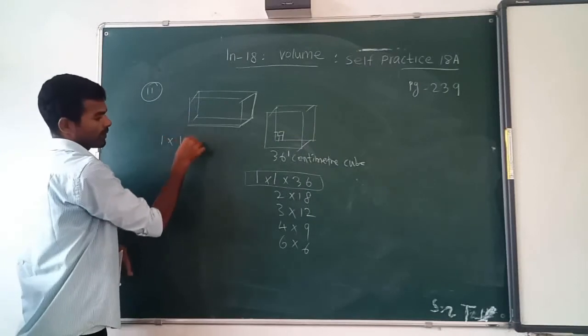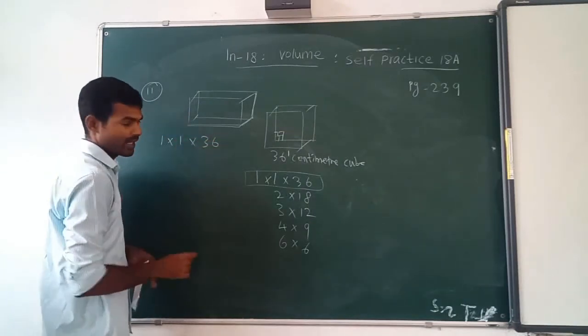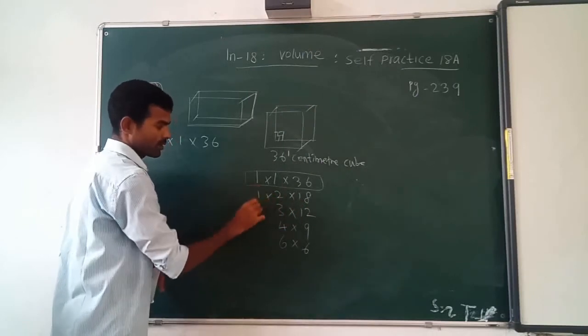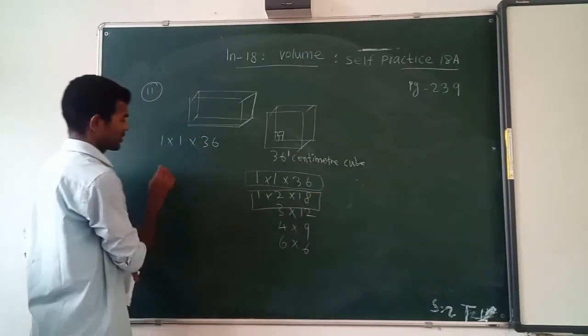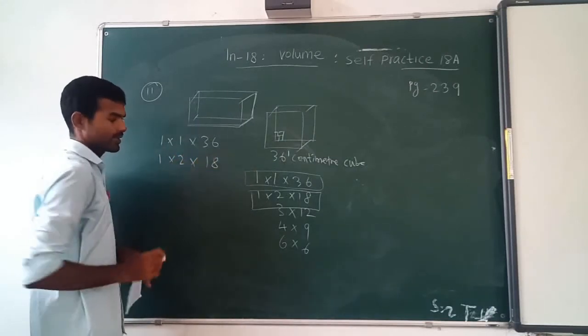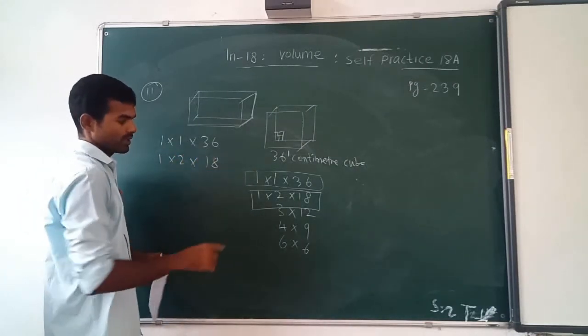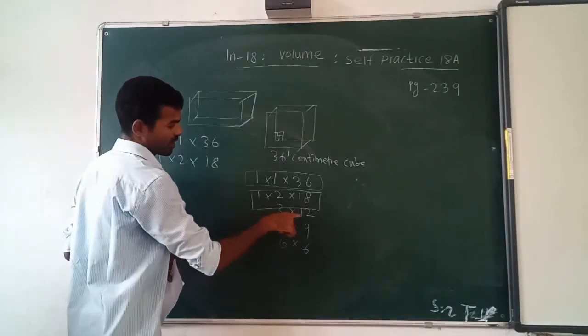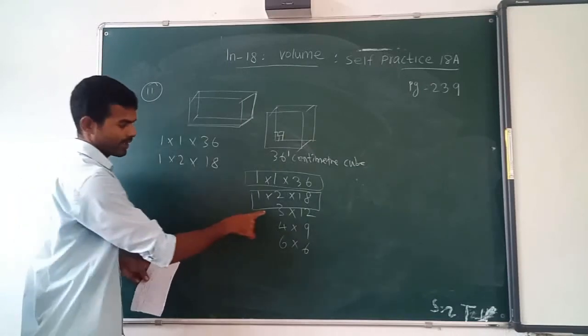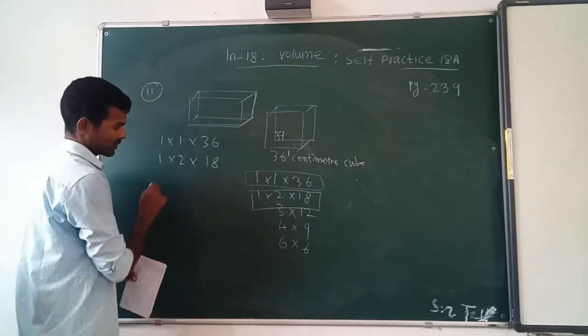1 multiply 36. Second, 2 multiply 18 is 36. Here also you can multiply with 1. The second one is 1 multiply 2 multiply 18. Next, 3 multiply 12 is 36, and again you can multiply with 1.